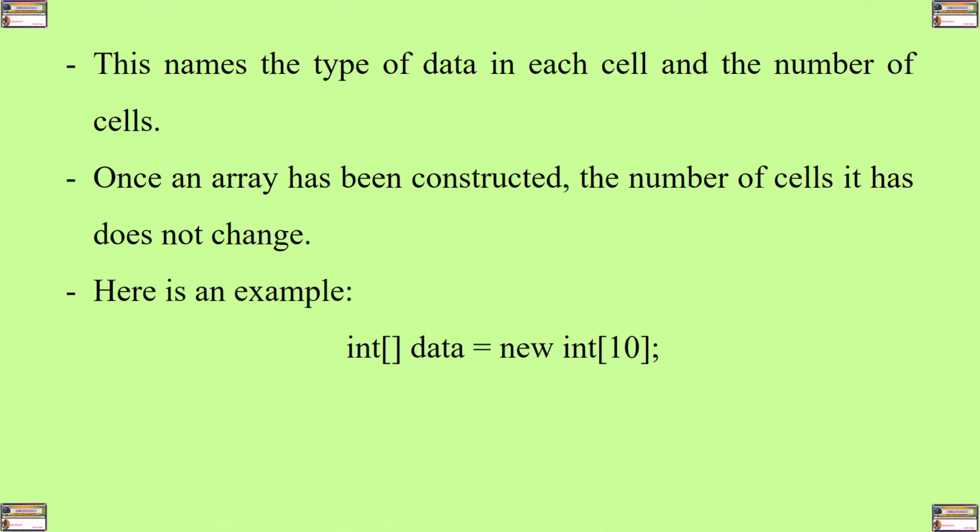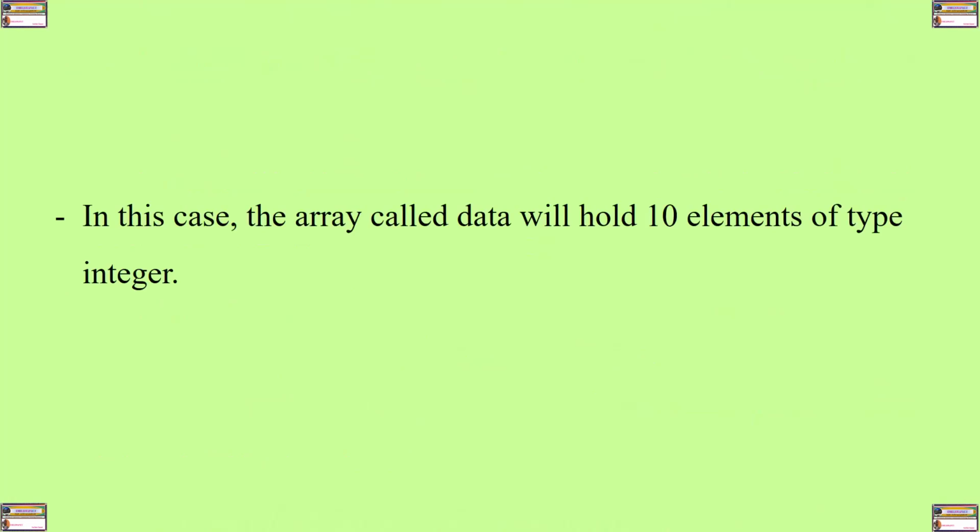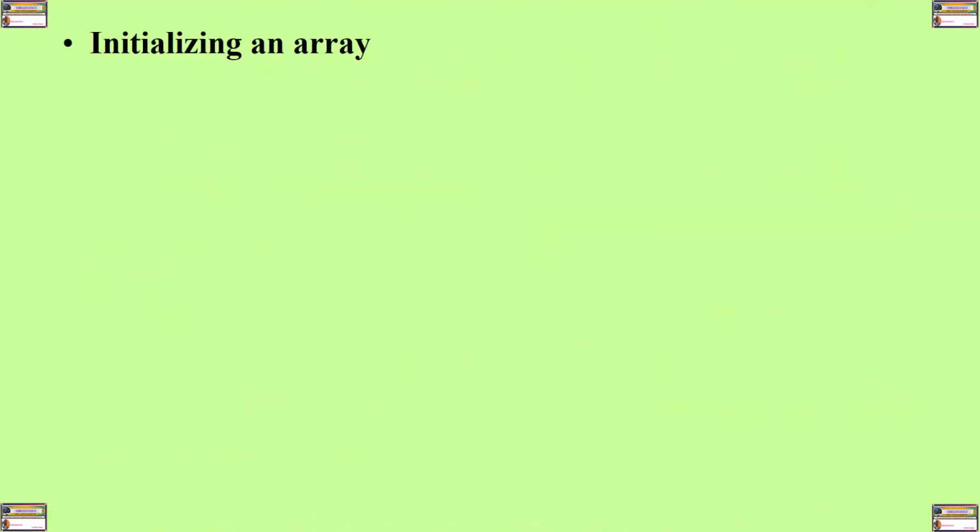So the array is called data, it is of type integer, and the elements that it is going to hold will be 10 and they will be of type integer. So you have the declaration and then you specify the number of elements that the array will hold.